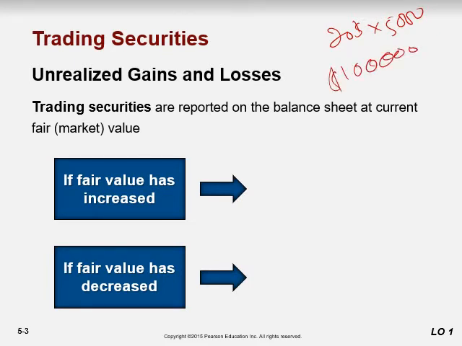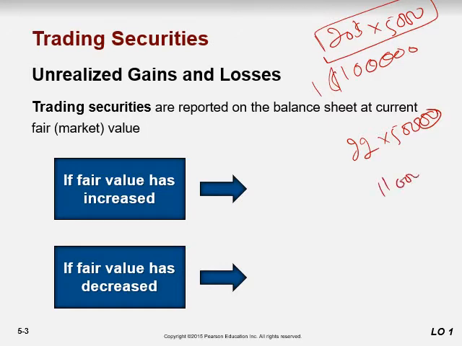What if you didn't sell your shares and the price of the share increased? After 2 days the price is now 22. When you multiply these 5,000 shares with 22, 22 multiplied by 5,000, the answer is 110,000.